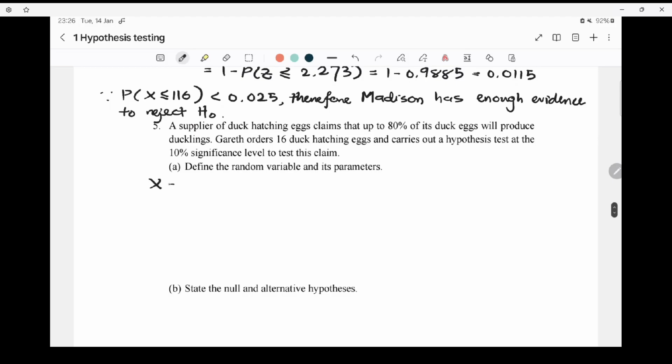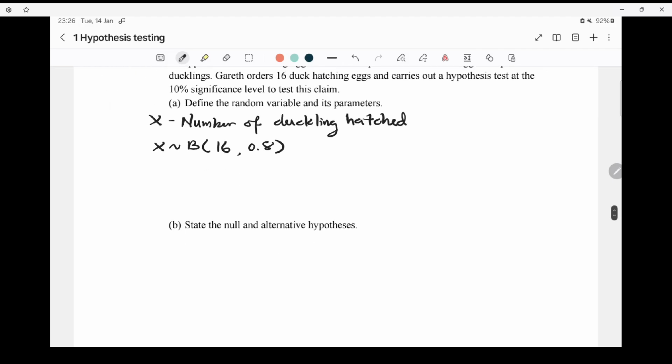So the random variable would be the number of ducklings hatched. So this is a binomial distribution. You have 16 eggs and the probability is 0.8. So these are what you need to define.